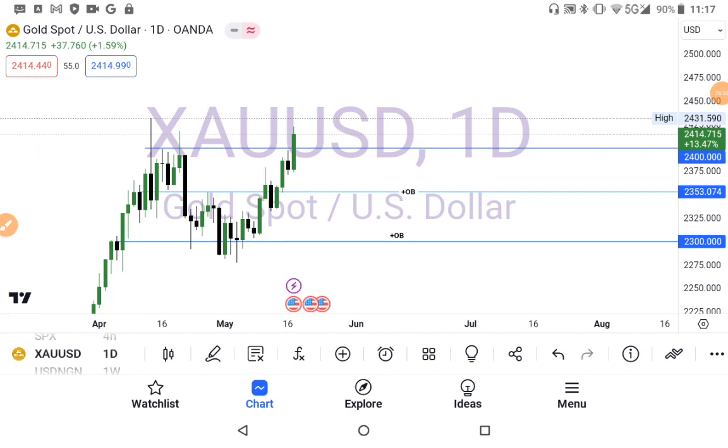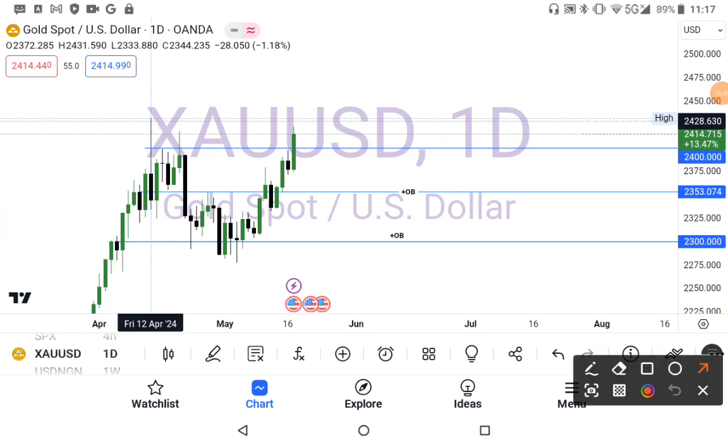Personally, I'm going for gold and I'll be going for 2450. I said myself, I'm going for 2450 because the high of this candle comes in at 2431.590. It says I'm wrong. Am I wrong? 2431.490.